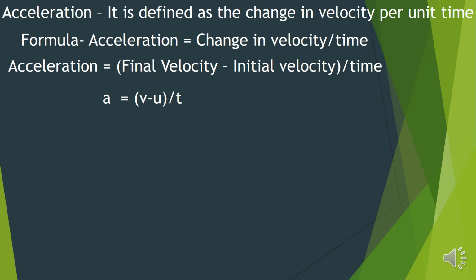What is the unit of velocity? Yes, it is meter per second. So a equals meter per second divided by seconds, because in the denominator we have time. So unit of numerator over unit of denominator gives you meter per second square.